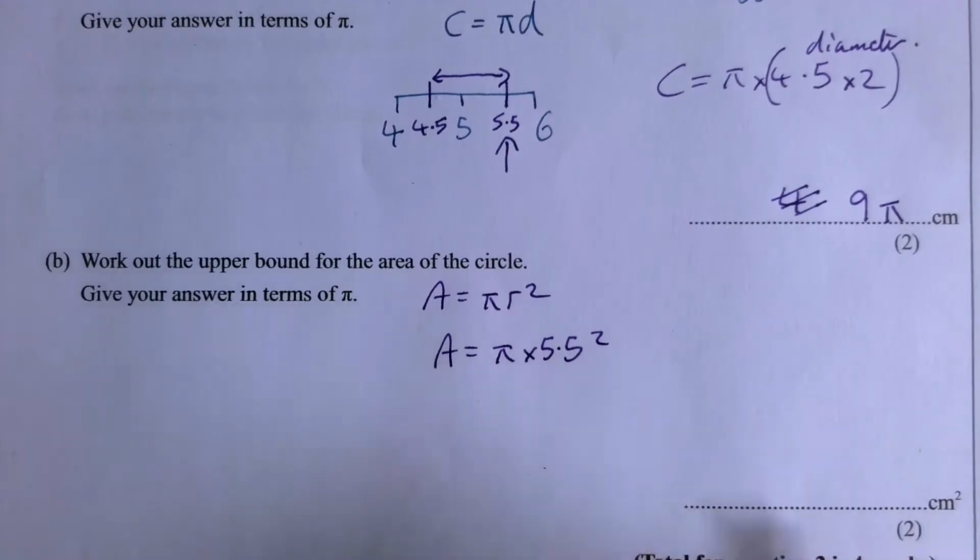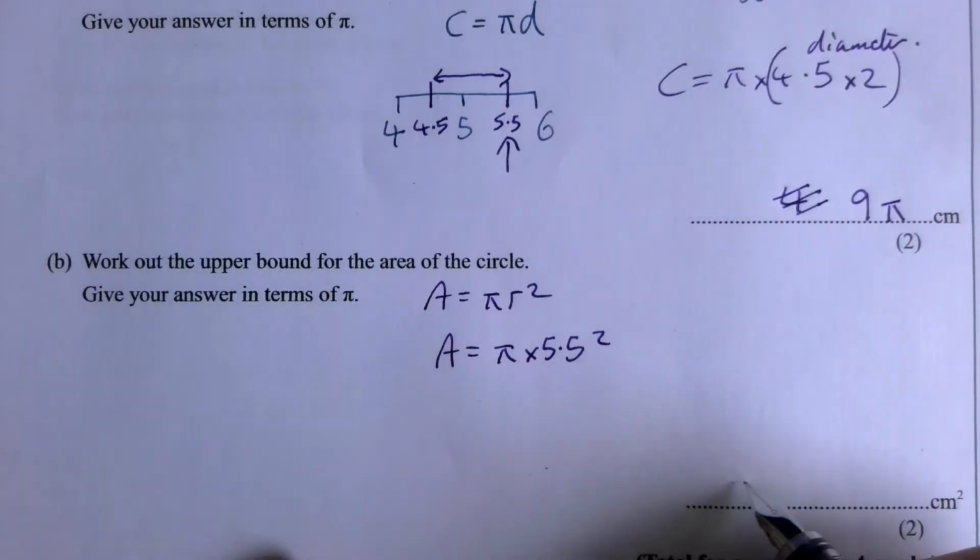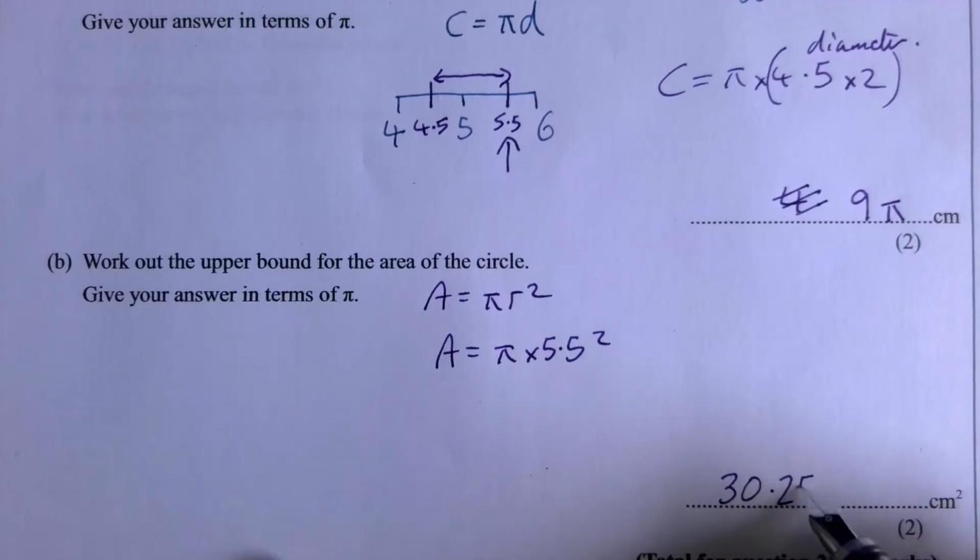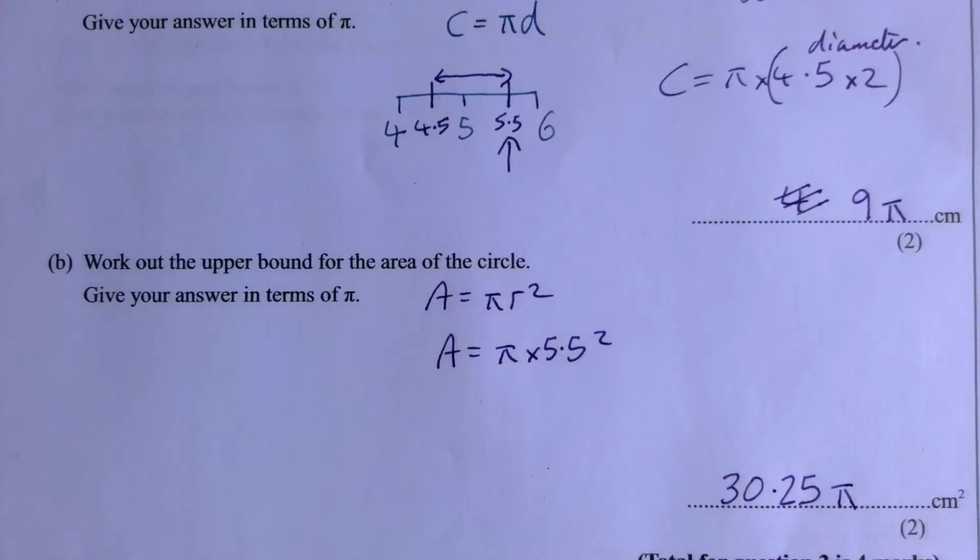If it came in terms of pi in the non-calculator exam, you would need to do 5.5 times 5.5 using a long multiplication method. I've actually just cheated and done it in my calculator, but if you do that as a bit of practice, that would be good. You should end up with 30.25. That's times by pi, isn't it? So your final answer is 30.25 pi.